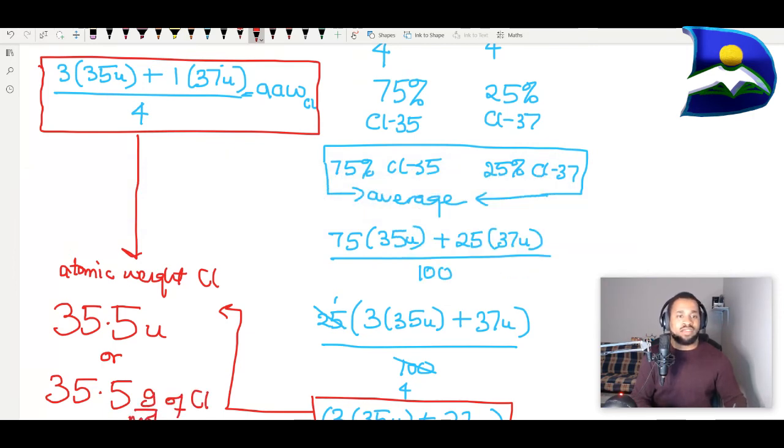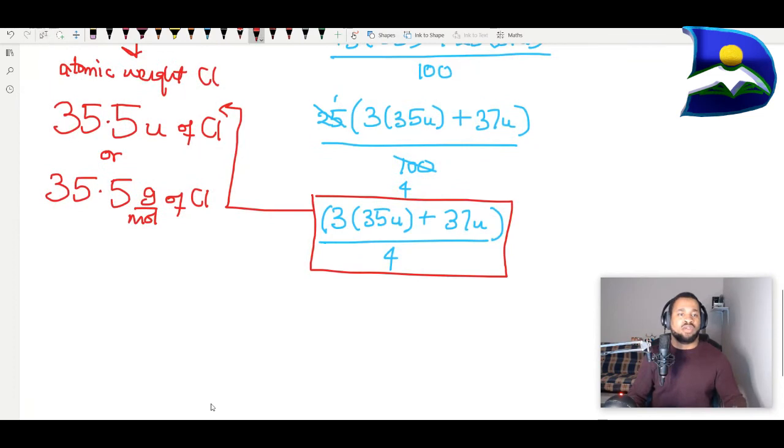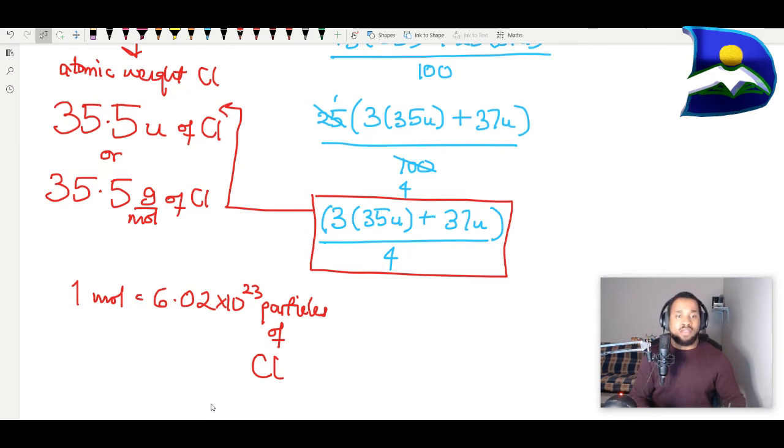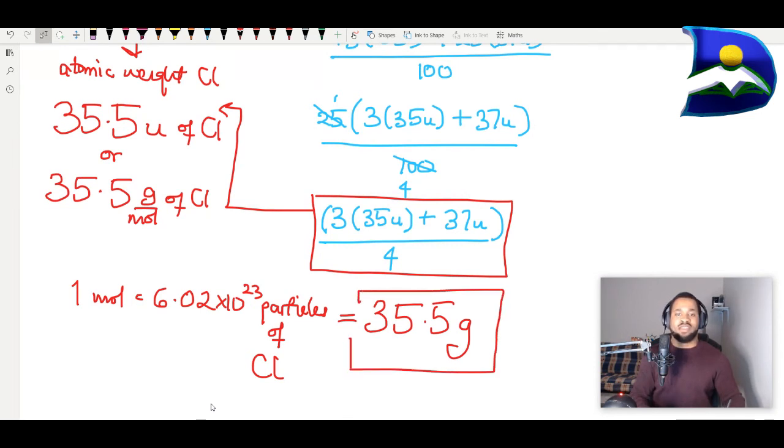So it means that for 1 mole, which we know is equal to 6.02 times 10 to the 23 particles of chlorine, the weight of these particles will be 35.5 grams in this particular process that we went through.